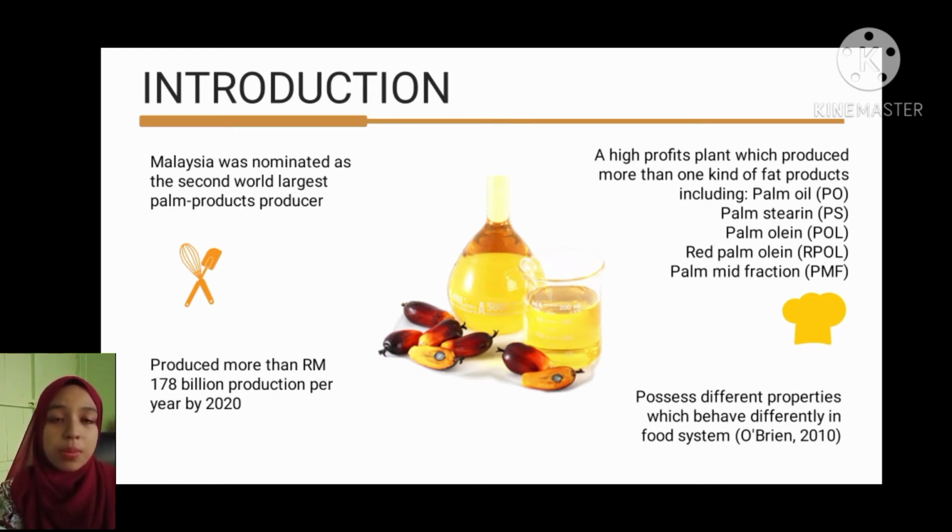This palm-based product is known as a high profit plant that produces more than one kind of fat product, including palm oil, palm stearin, palm olein, red palm olein, and also palm kernel fraction. These palm-based products possess different properties which behave differently in food systems.